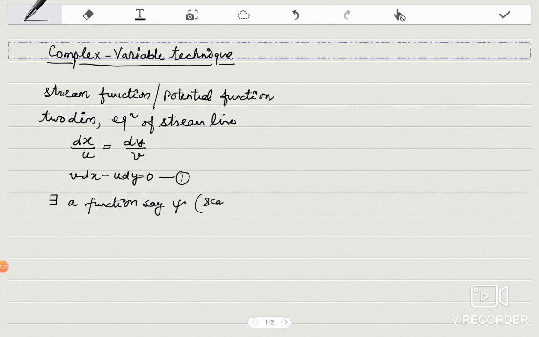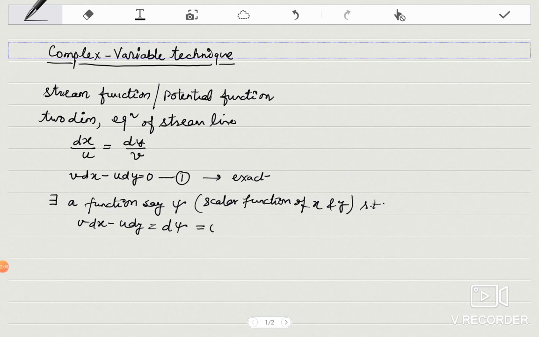This is a scalar function of x and y, because this equation is in Cartesian coordinates x and y, such that v dx minus u dy is equal to d psi, because we have said that let it be exact. It is equal to 0.